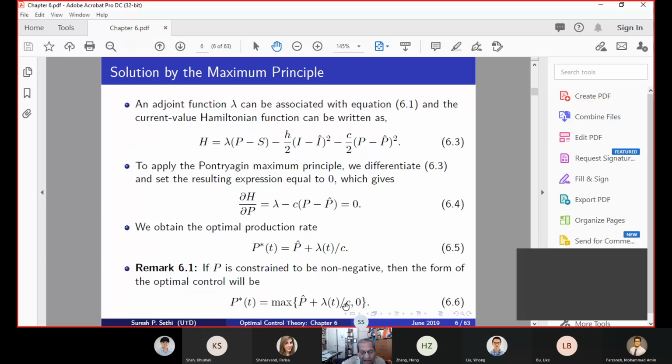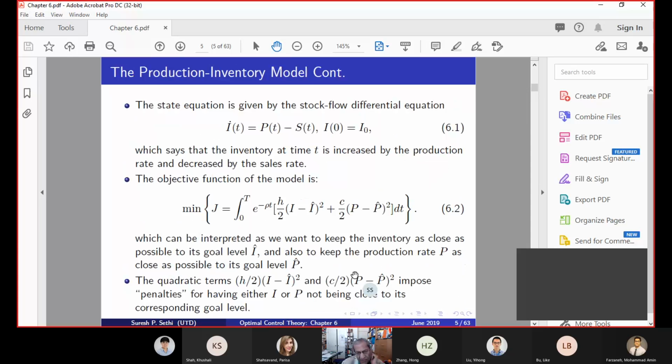Okay? And notice why we can assume that. So see, here's what's going on. If my initial inventory is not very large, which means that there is no great penalty here, then I have a feeling that the production will not be outrageously negative or low.